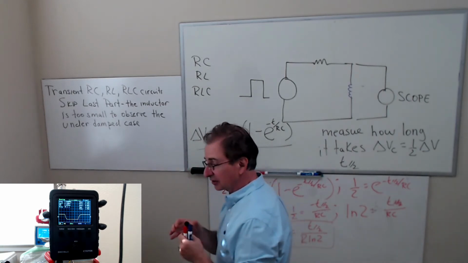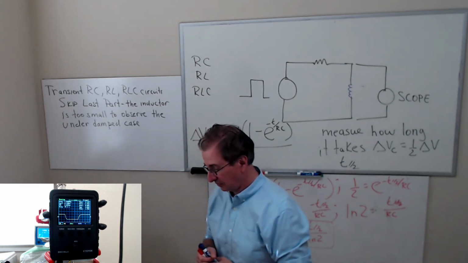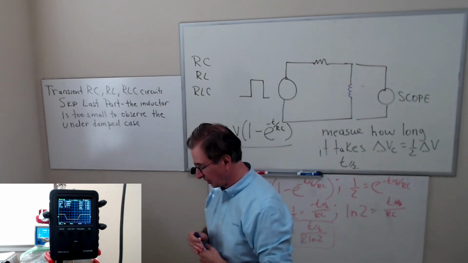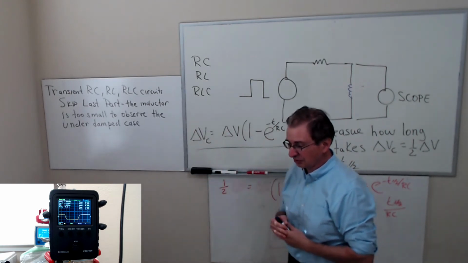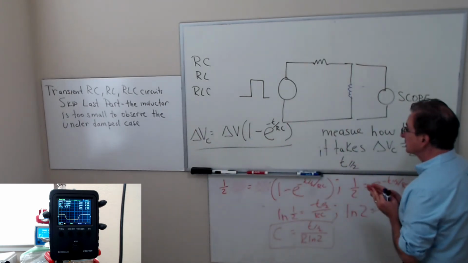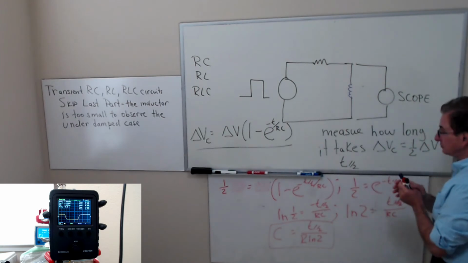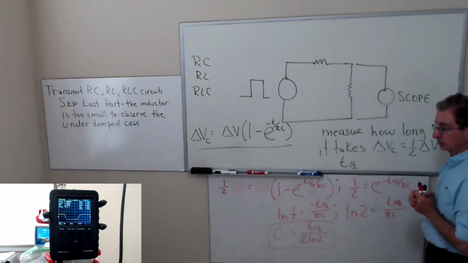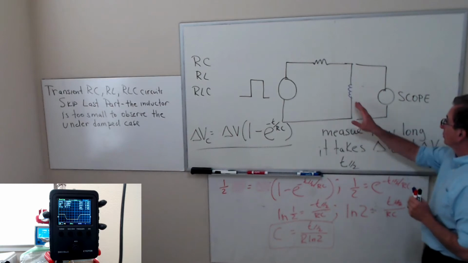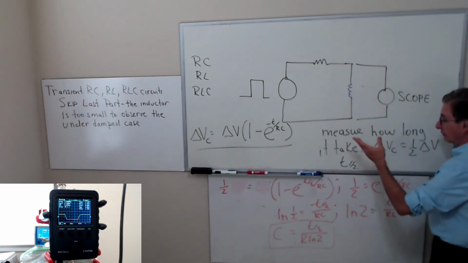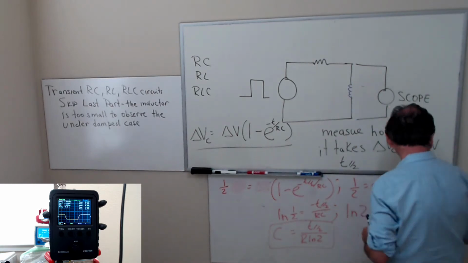The inductor looks like a big resistor. It's brown. I'll show you what the inductor looks like when I show you the circuit. So in part 2, we're going to do the same thing. Now the voltage across the inductor, what does that look like?